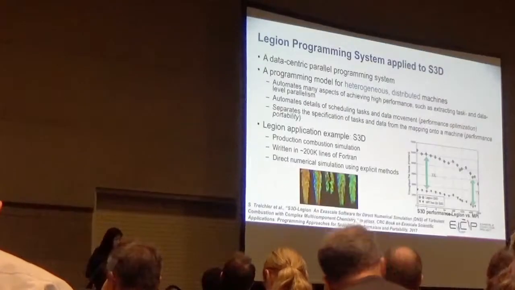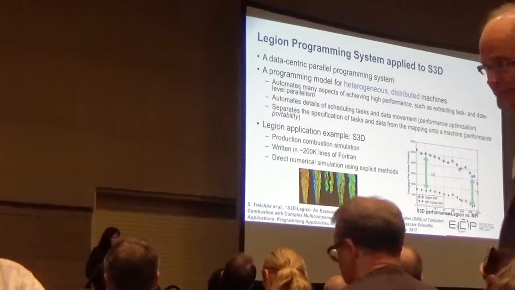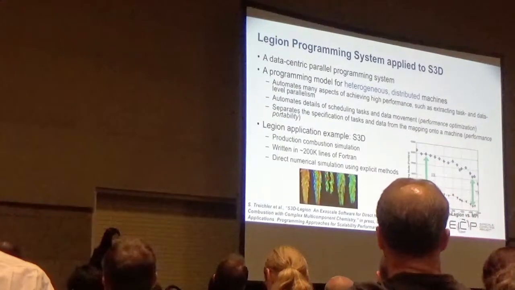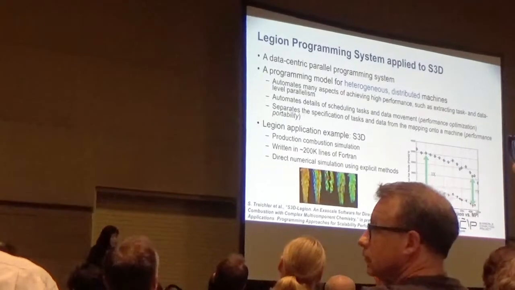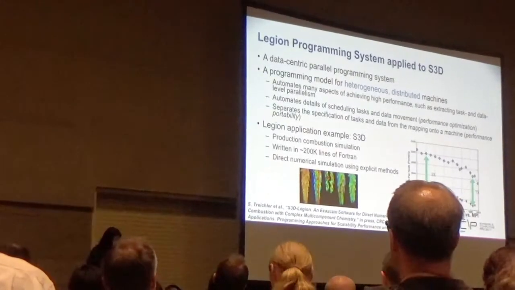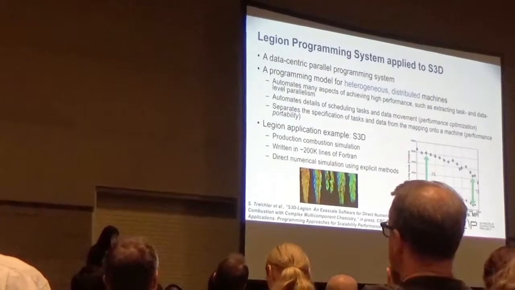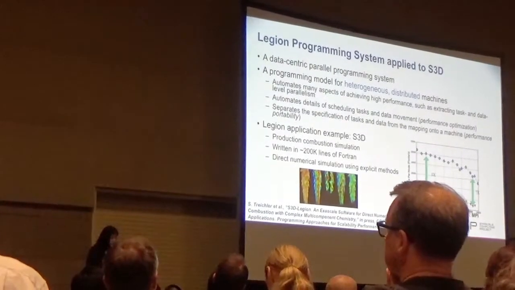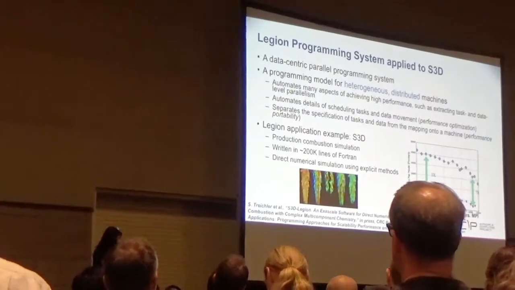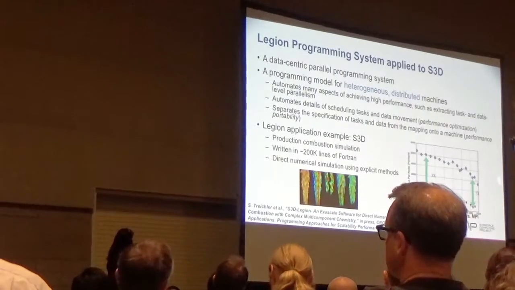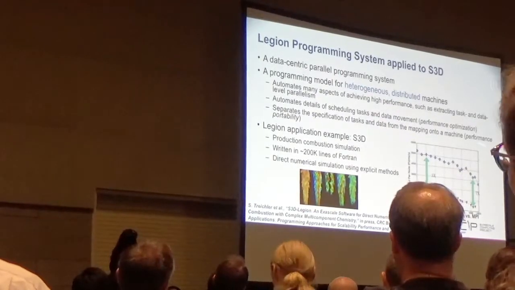And so here's just one example of an S3D code that was rewritten in Legion with the help of the ExaCT co-design team. The code ended up scaling much faster than the baseline production MPI code out to about 2/3 of Titan, about 14,000 nodes.